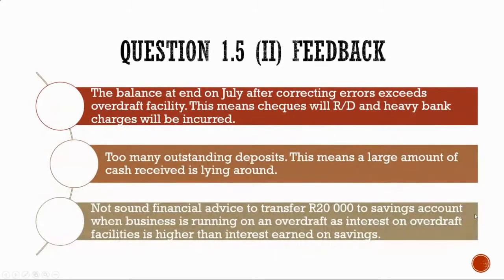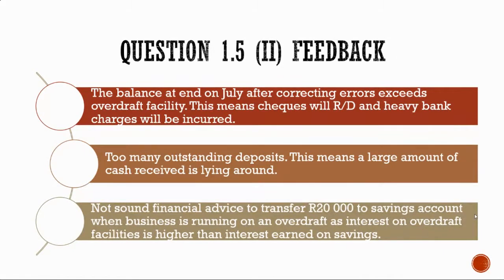Now, if we look at the second one, the balance at the end of July after correcting the errors exceeds your overdraft facility of 30,000. This means your checks will be RD, which generally have heavy bank charges. There are too many outstanding deposits. So there are already 3 outstanding deposits. That's what we mean with the fact that we only bank it once a week, which means there's a lot of cash lying around.